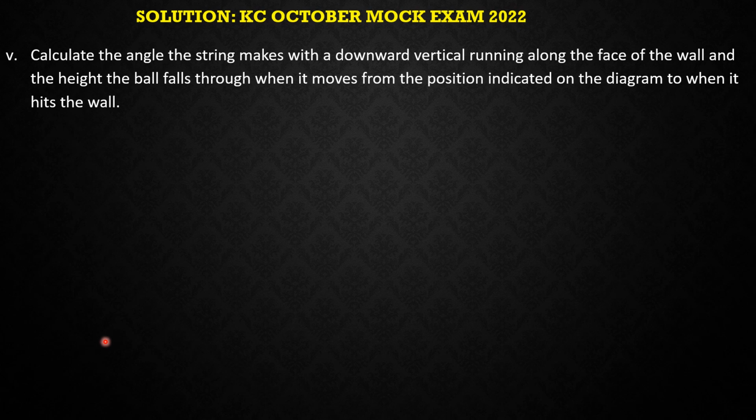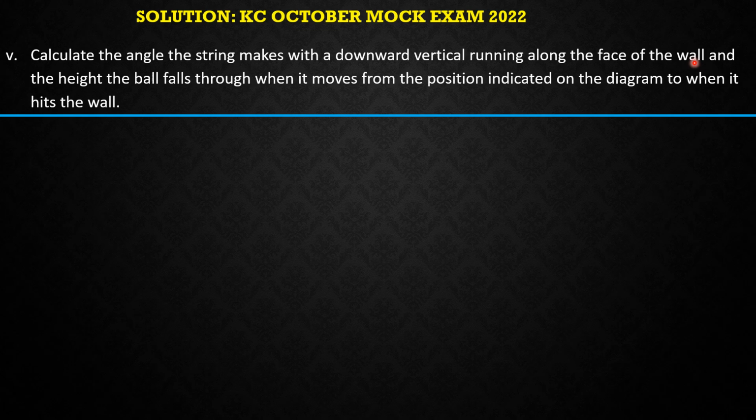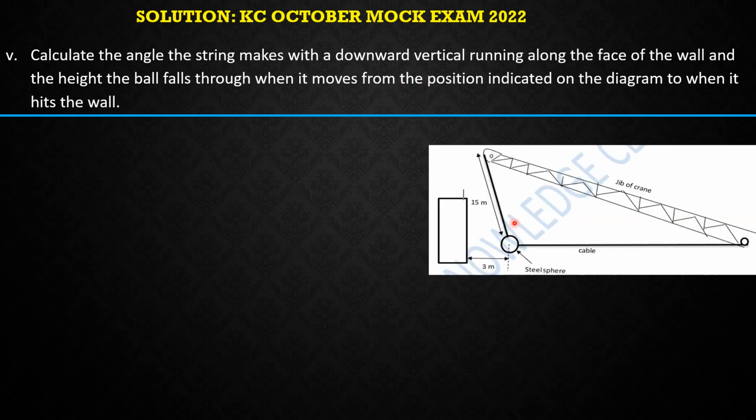All right, so the next part is calculate the angle the string makes with the downward vertical running along the face of the wall and the height the ball falls through when it moves from the position indicated on the diagram to when it hits the wall. Okay, so again, this is our diagram here. So again, we can basically calculate the angle we're talking about. The vertical is basically, all right, I've not just drawn this thing very well.